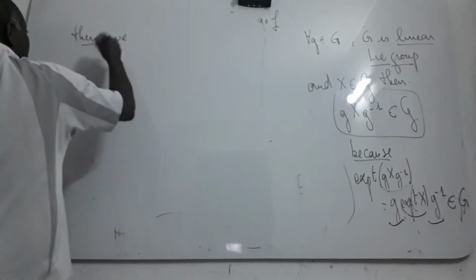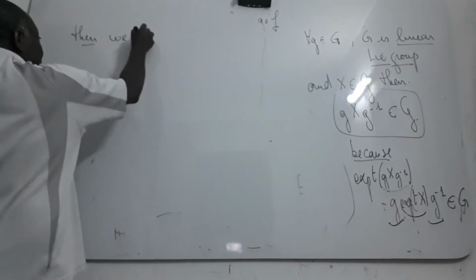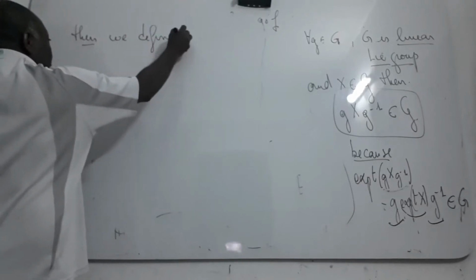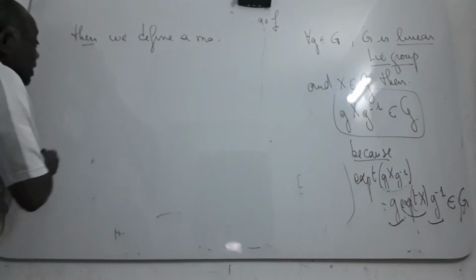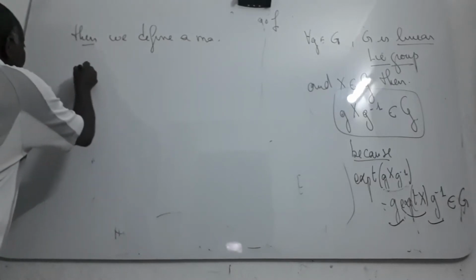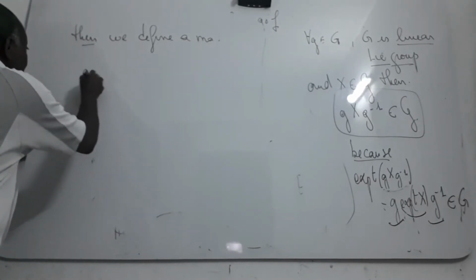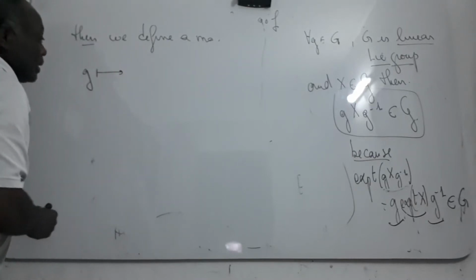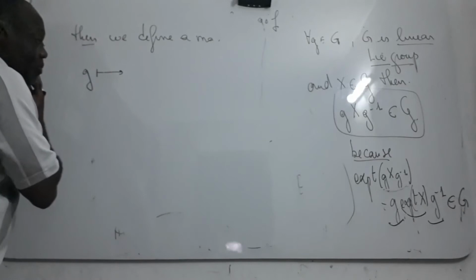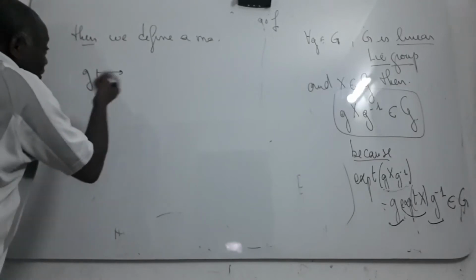We can define a map from all G. For all G, you can associate this kind of map, which will be like this.